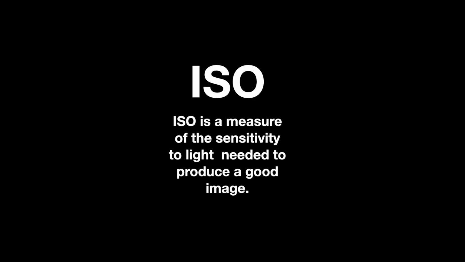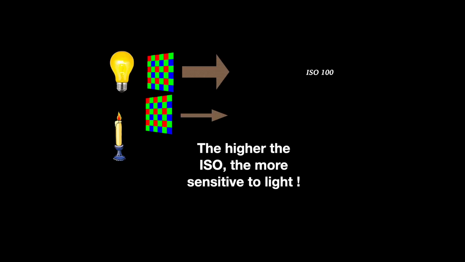I've left the ISO to last as it links the other two and complements them. It is the measure of the sensitivity of the sensor to light. You can adjust the ISO to suit the light levels, increasing it for low light level or reducing it in high light conditions.